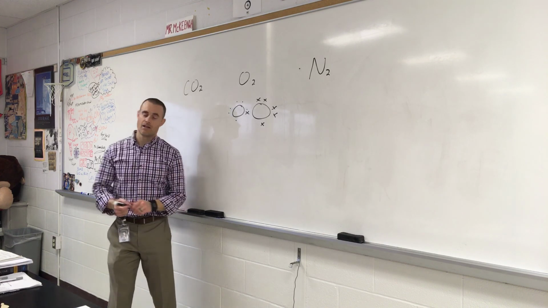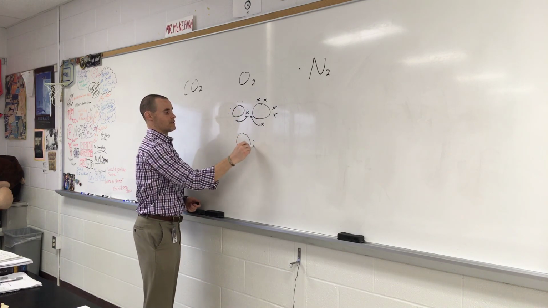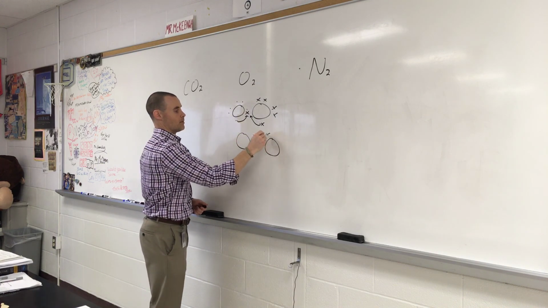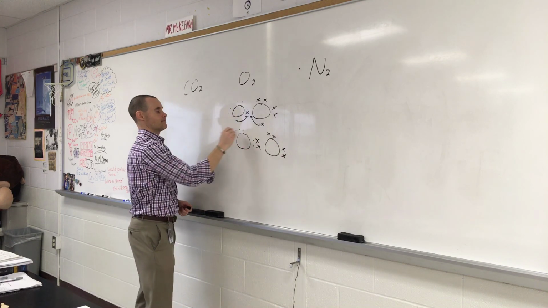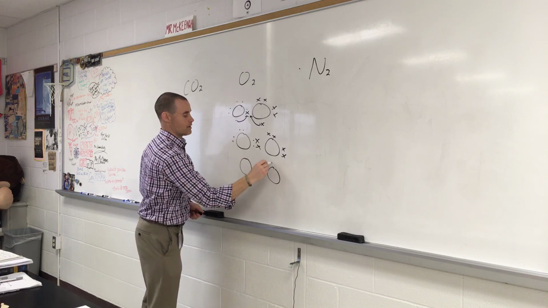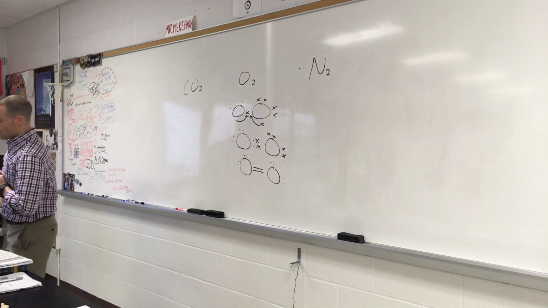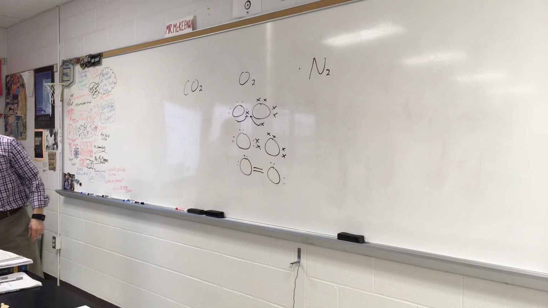Connect them. You take these 2 and bring them in and they bond, and that looks like this. That's called a double bond. And then down here, it actually looks like an equal sign. That's what oxygen gas looks like. That's what you breathe. That's what keeps us alive. O2 with a double bond.